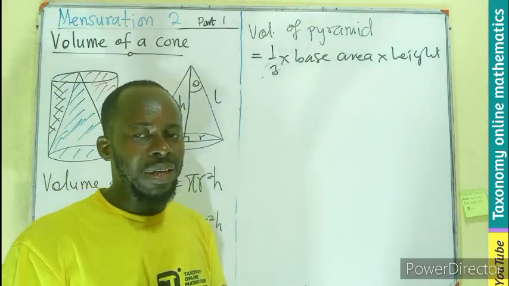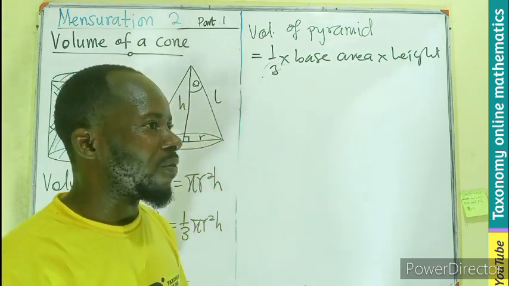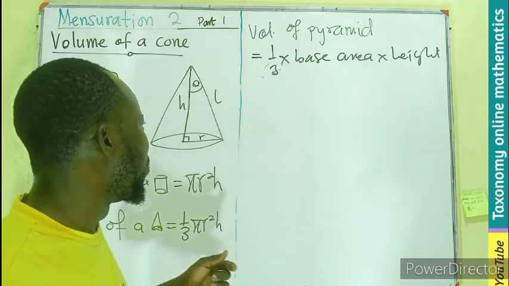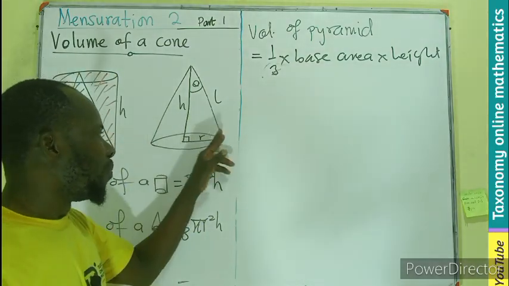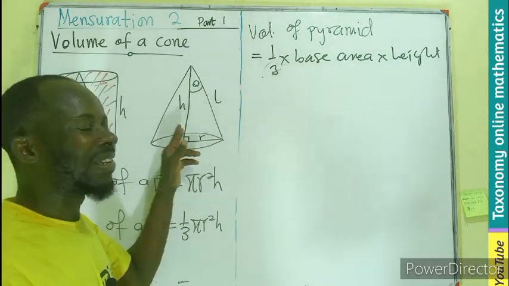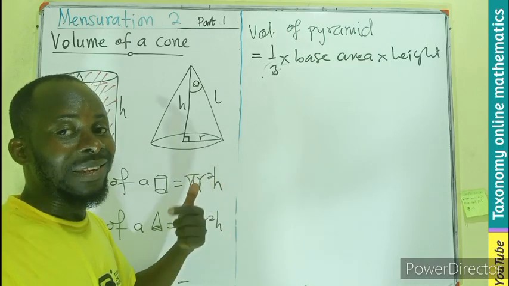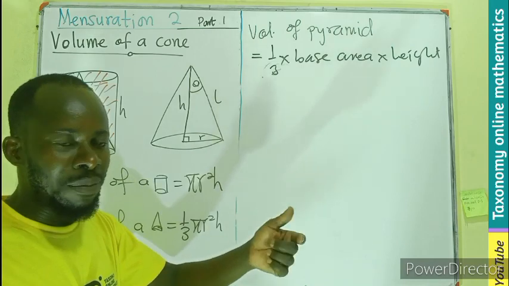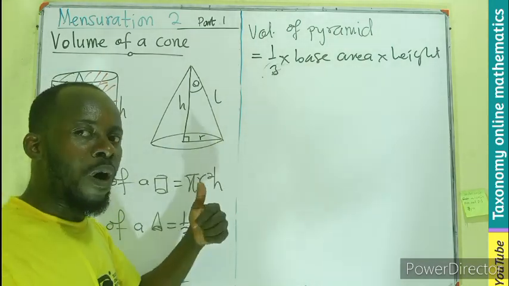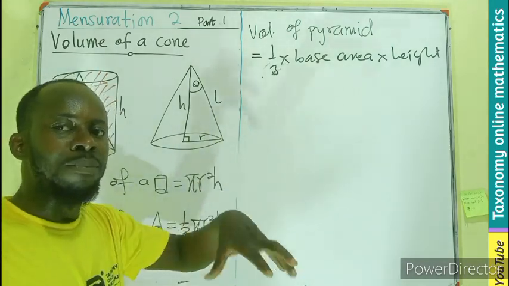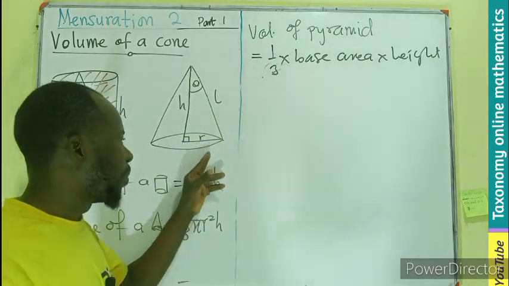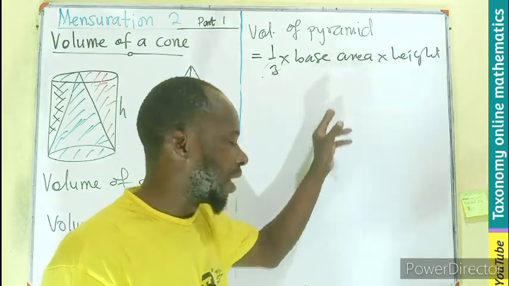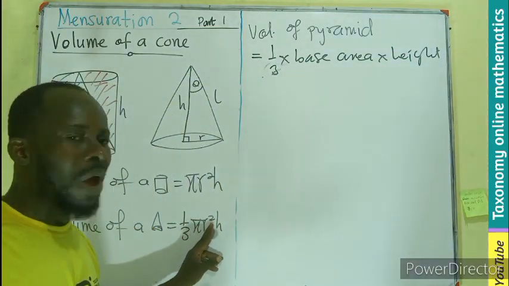Any pyramid you pick, you want to find the volume, we are going to have 1/3 of the base area times the height. So what is the base of a cone? The base of a cone is a circle. So this is called a circular pyramid. If you want to define it in terms of a pyramid, it will be circular, because all pyramids derive their name from the base. So the circle has the area pi r squared.